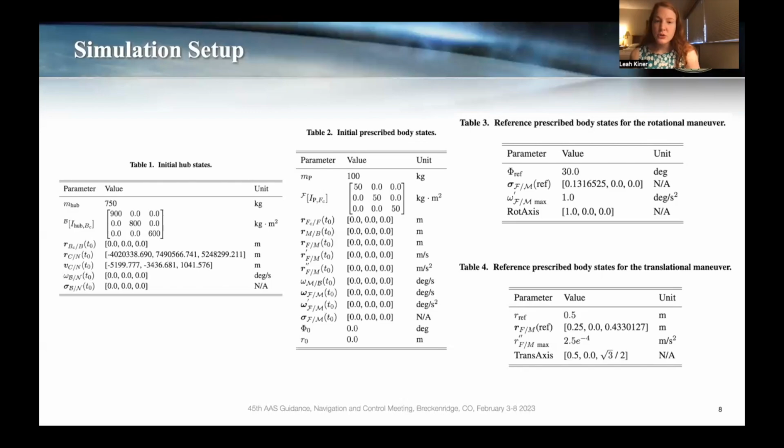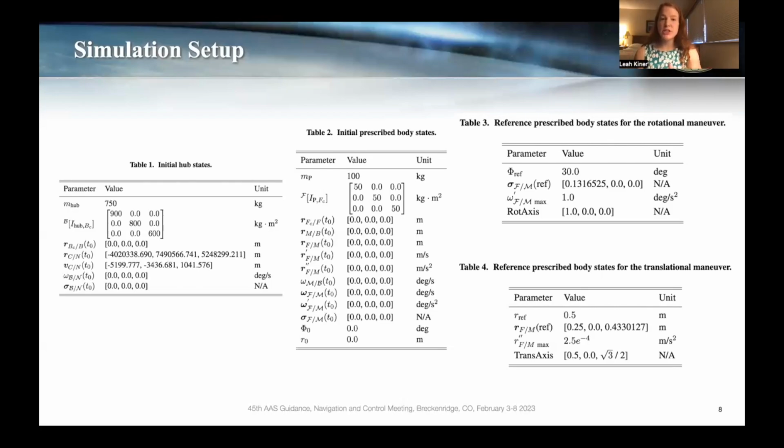And then we also define a maximum angular acceleration for our rotational maneuver. And then we essentially do the same thing for our translational maneuver, where we want our body to move 1/2 meter along this translational axis. This axis is defined in the mount frame. And then we also define a maximum translational acceleration here.